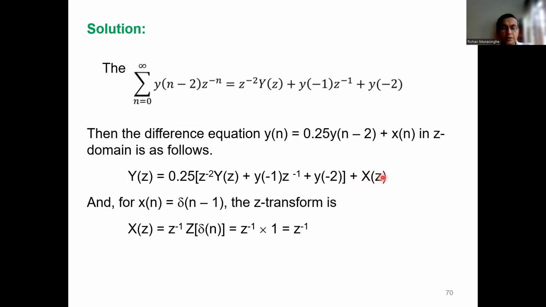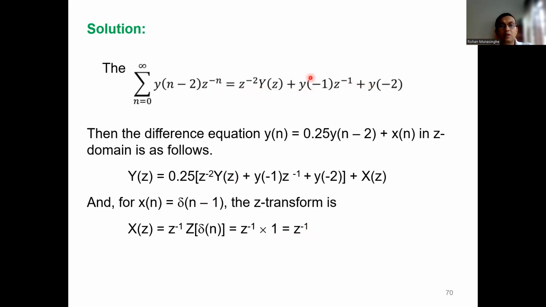What is that? This is the Z transform of x[n], and x[n] is actually delta[n-1]. So what is the Z transform of delta[n-1]? Of course, it is z to the minus 1 times the Z transform of delta[n], the unshifted sequence, which is 1. So it is z to the minus 1. And if you look at this as another shifted sequence, you can do that exactly over here.